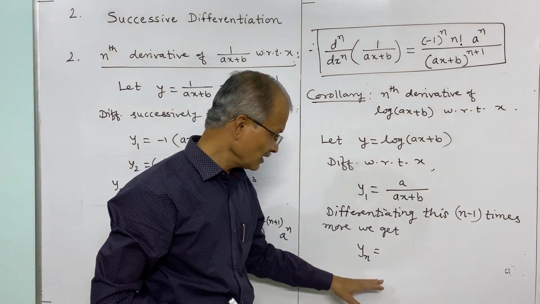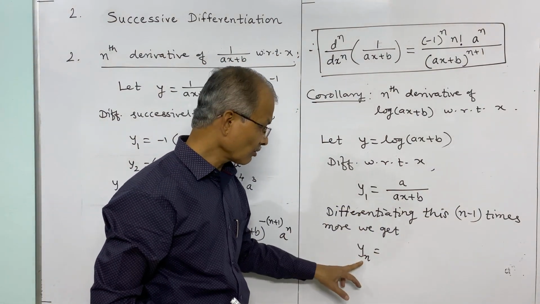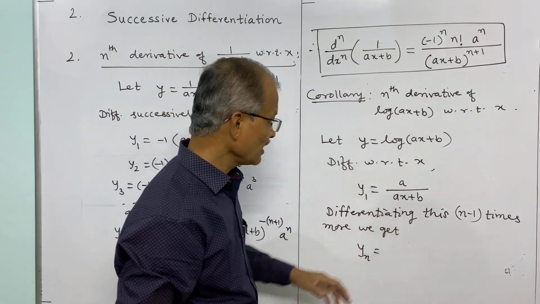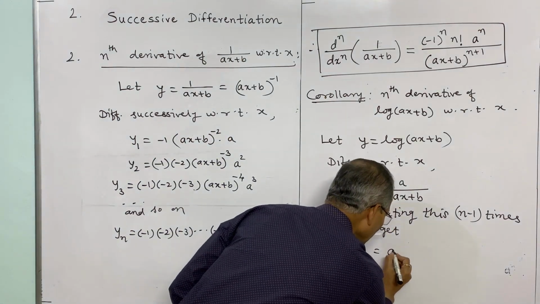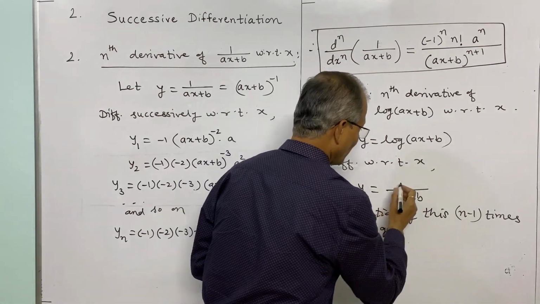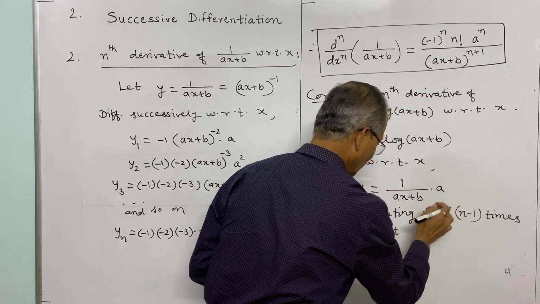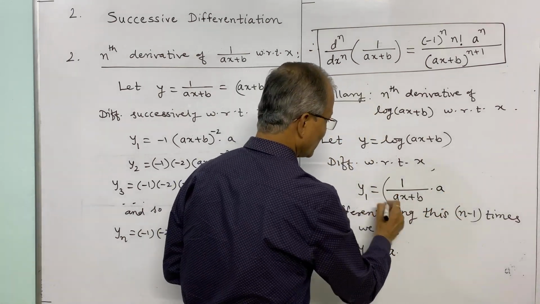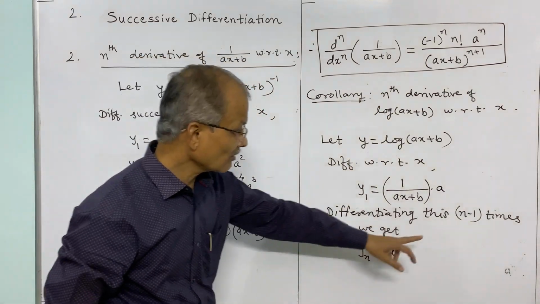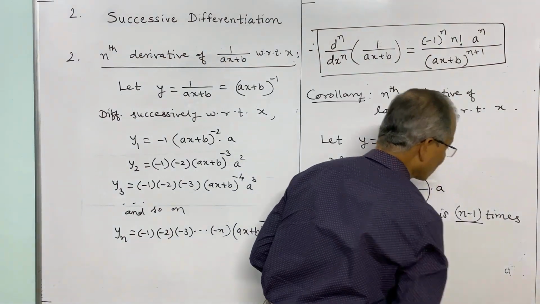Further we are obtaining n minus 1 derivatives, so that the total derivative order will be n, that becomes yn. And now this a is constant, so we write a first separately. And I shall write this as 1 upon (ax plus b) into a, and this a is written. Now what is the derivative of this? We have here the nth order derivative, but here we want the n minus 1th order derivative.